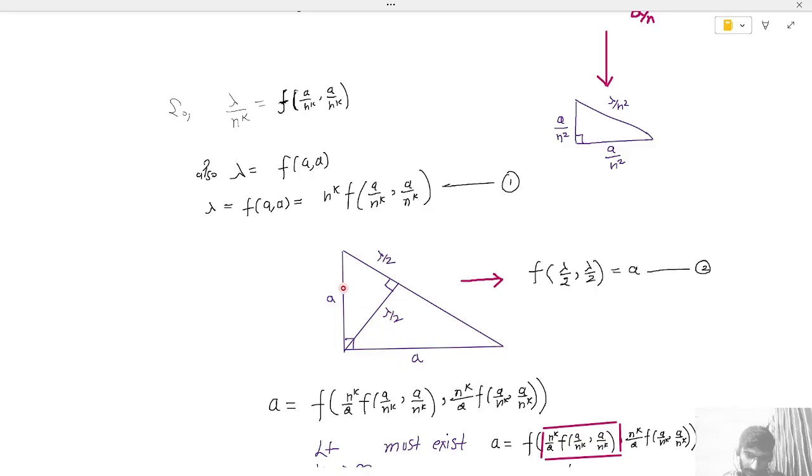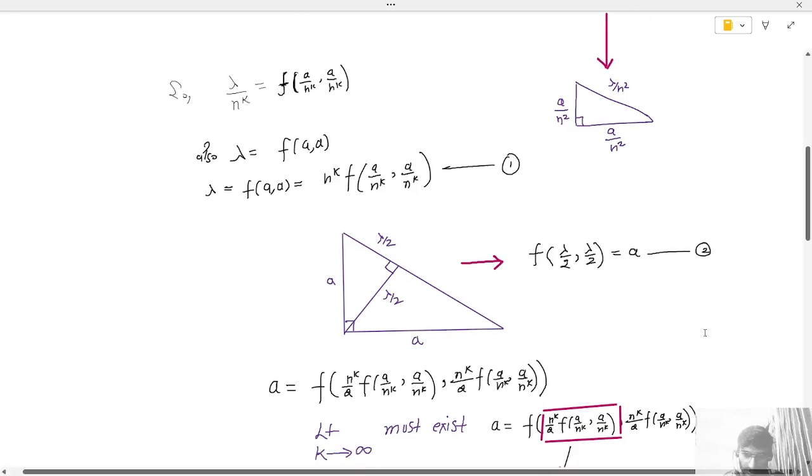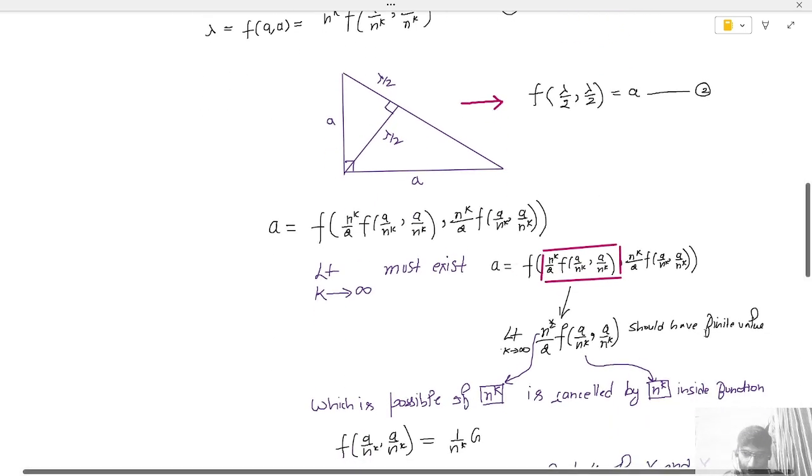This is also lambda by 2, and this is A. We already know it. So it will form this another right angle triangle with the same base and perpendicular. So we can write the function as: the function will take this as base, this is perpendicular, and spit out the hypotenuse A. So for this triangle we write the equation 2.